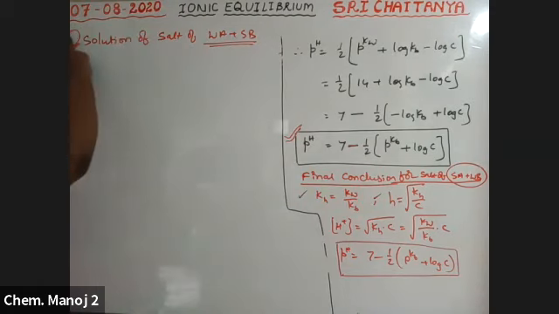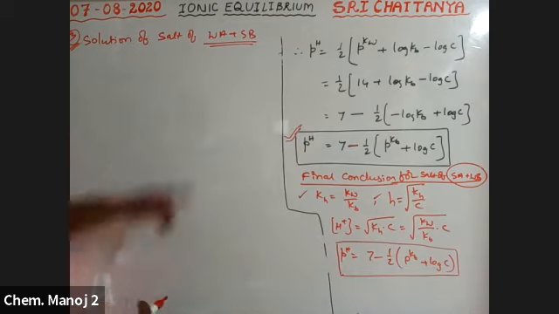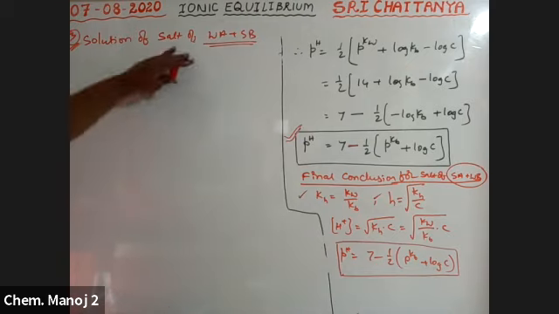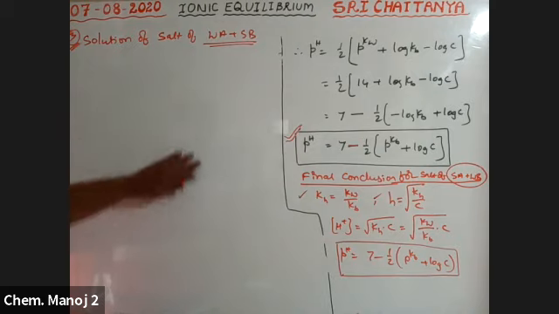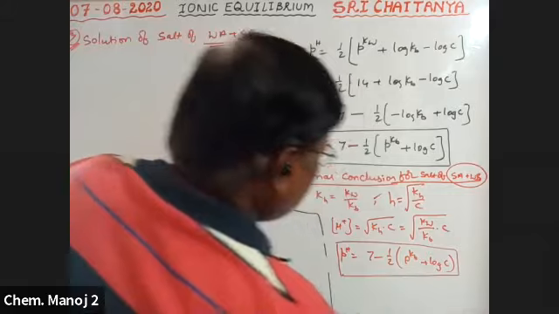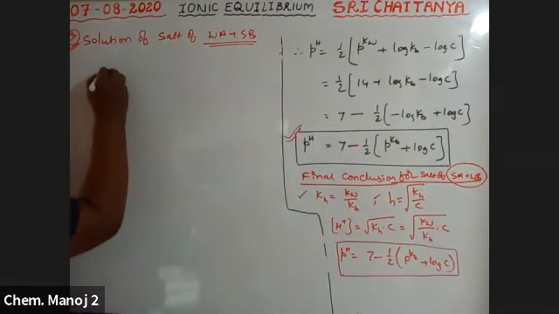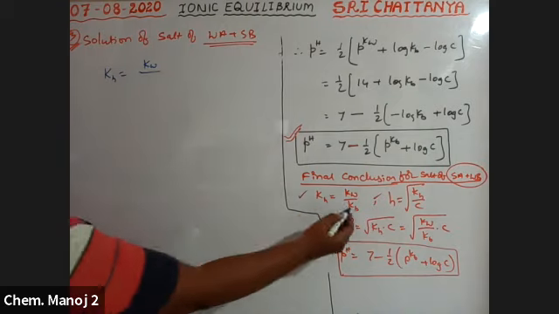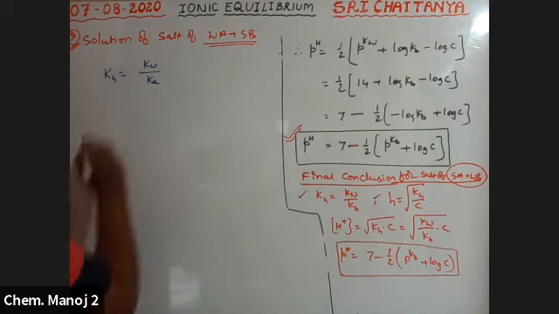What is the first? Strong acid plus strong base. The second is strong acid plus weak base. The third is weak acid plus strong base. All are derived just like the previous case. So now finally we conclude that here also Kh is there. That Kh is equal to Kw by Ka, as here Ka is used.